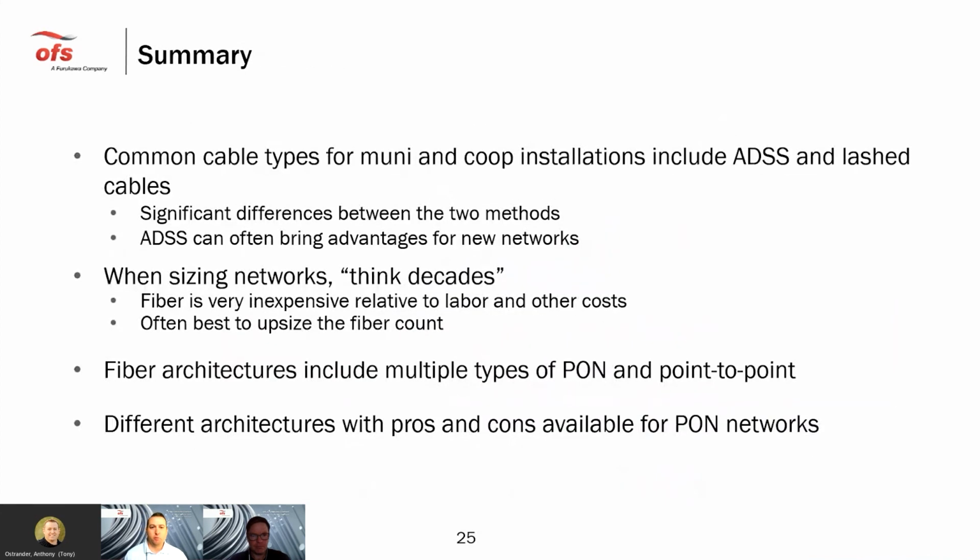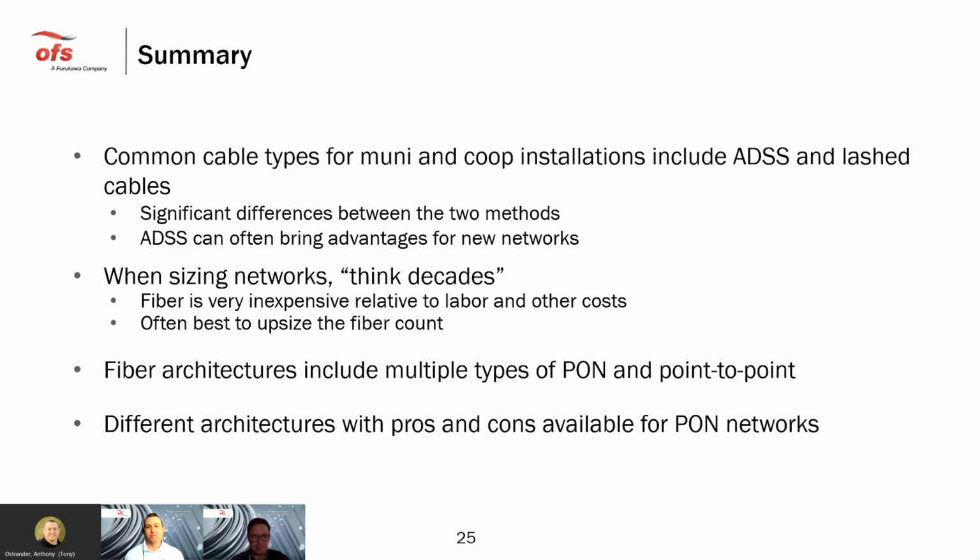All right, so to sum things up, Mark hit on the big differences between the two methods with ADSS and Lash, and then some of the advantages of using ADSS out in your network. And again, can't stress this enough, whenever you're planning your network, think about not just what you need today, but what you're going to need in the future, 5, 10, maybe even 20 years from now.